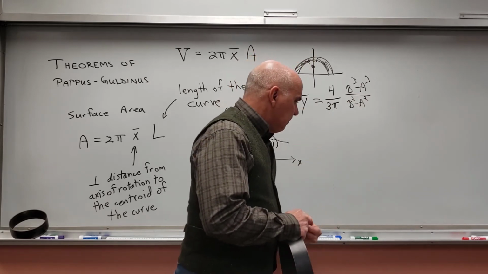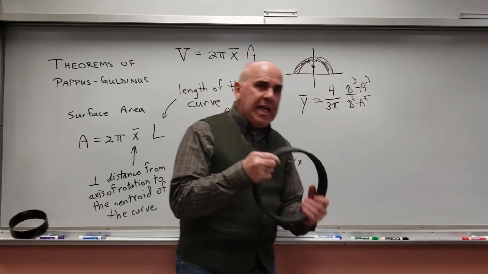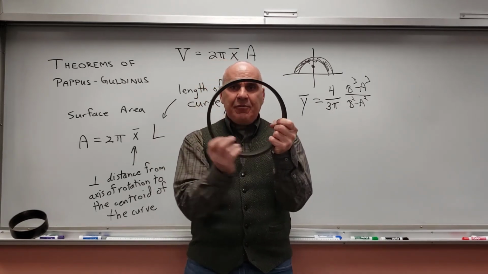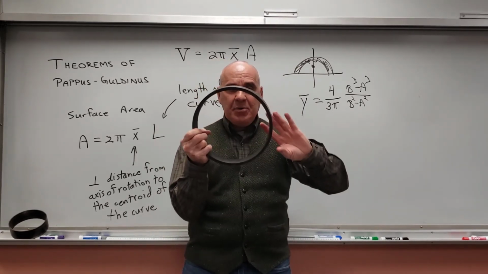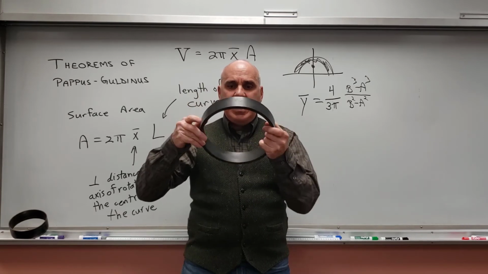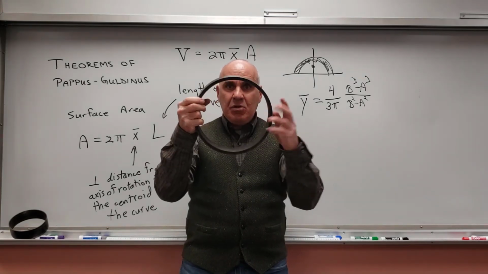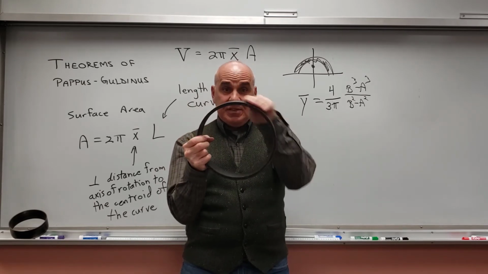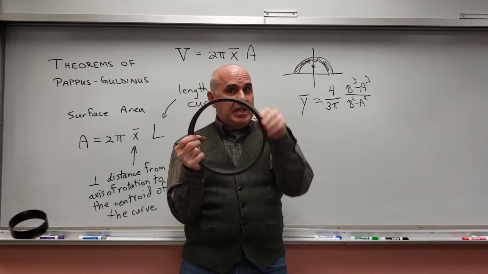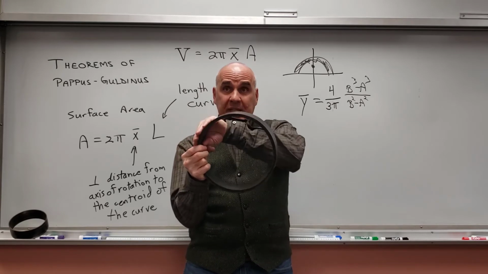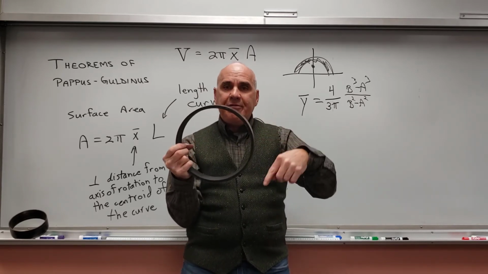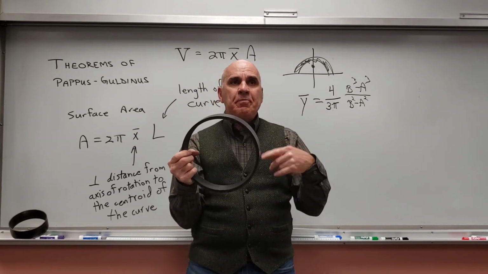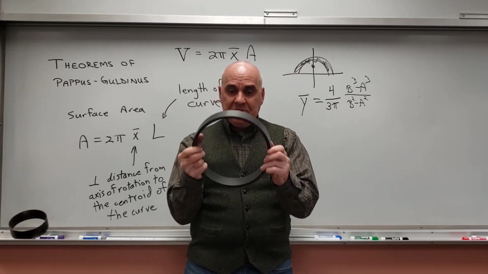Then if I were to take that half ring, forget the bottom part, and rotate it around the x-axis, I'm going to create a volume because this has thickness. This is not a curve. It's not the thickest of rings, but it has thickness. So I'm going to create a volume of revolution, something similar to a sphere.